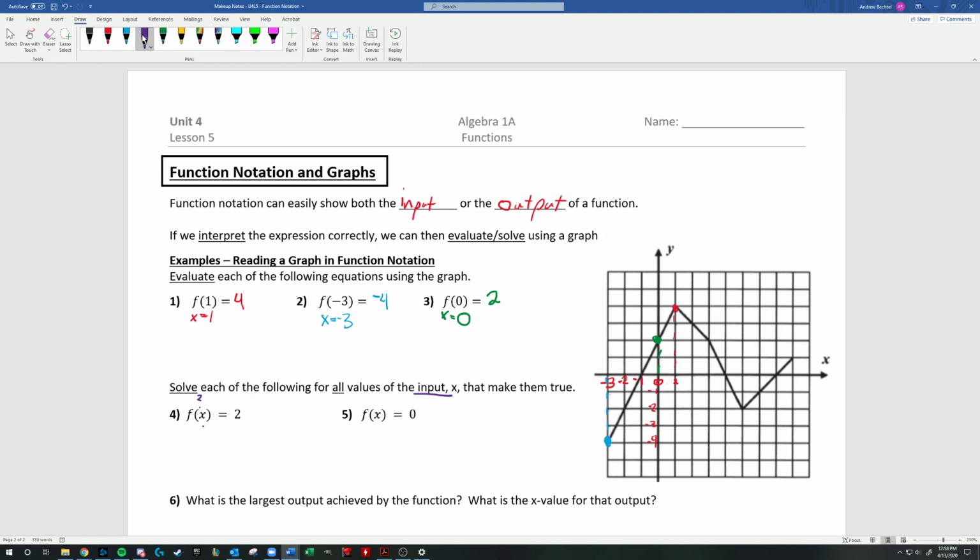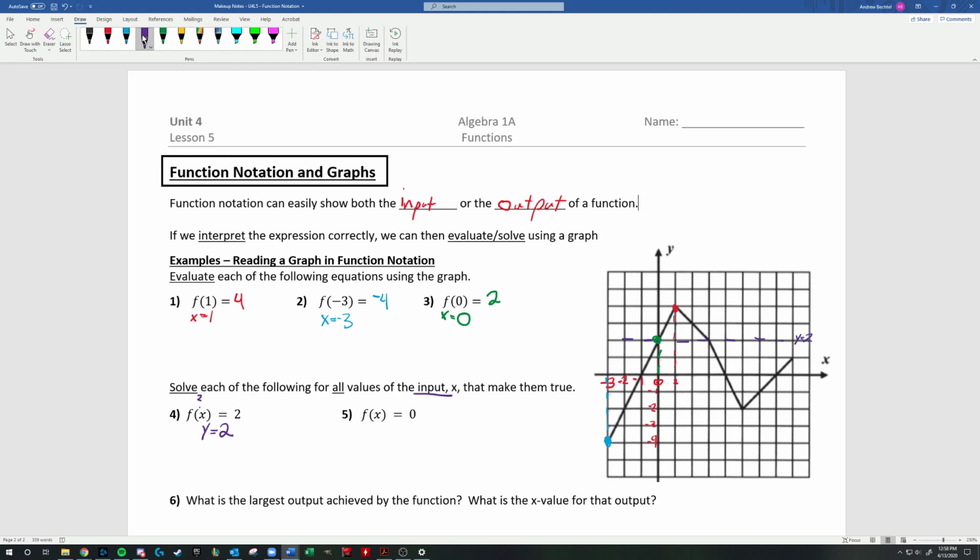It's a question mark, but we know that the output, the y value, is 2. So here's 2 on the y-axis. Y coordinates tell you how high up you're going to go, so it's sideways for this line. These are all the y equals 2.